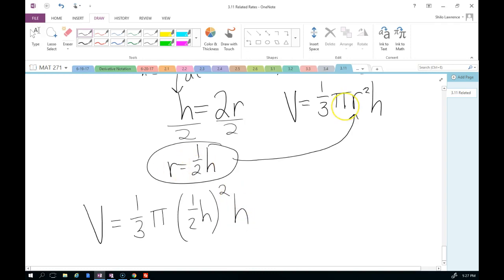So instead of r, I put 1/2 h. And we'll do a little bit of simplifying here. A half squared is 1/4, and then 1/4 times 1/3 is 1/12. So volume is 1/12 pi, and then h squared, and then another h is h cubed. So 1/12 pi h cubed is going to be the volume for this particular cone.